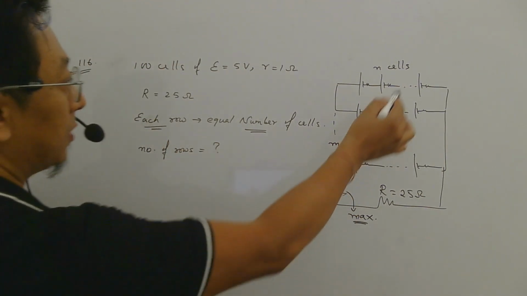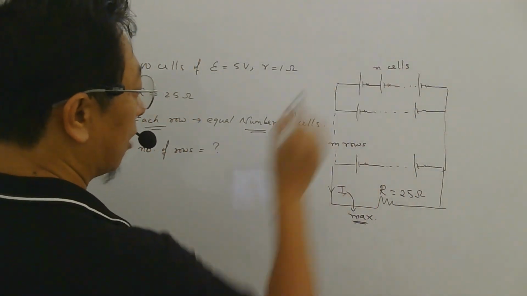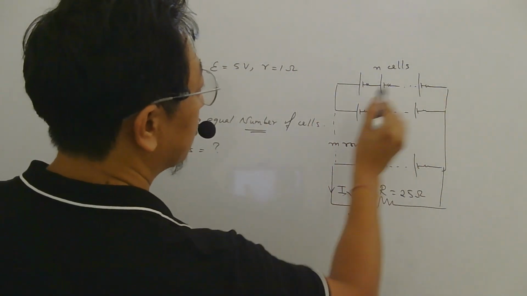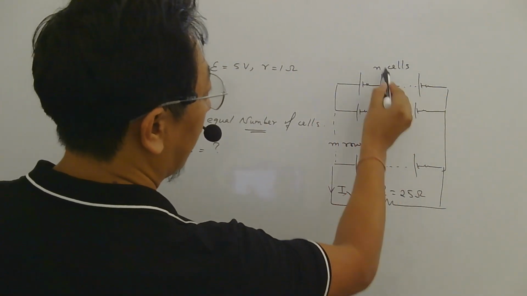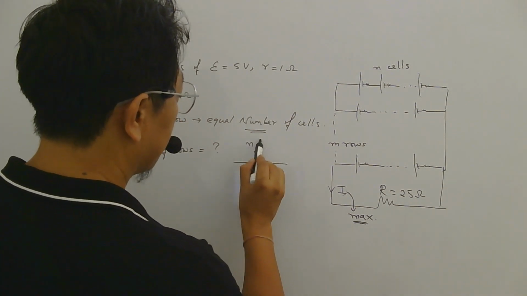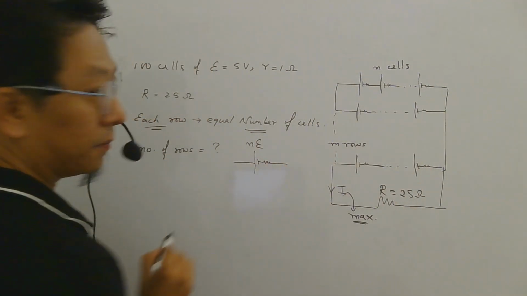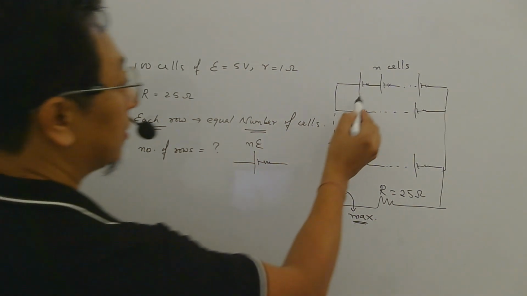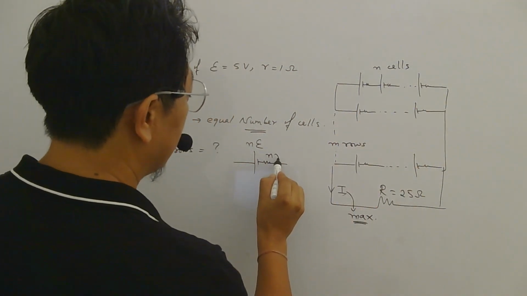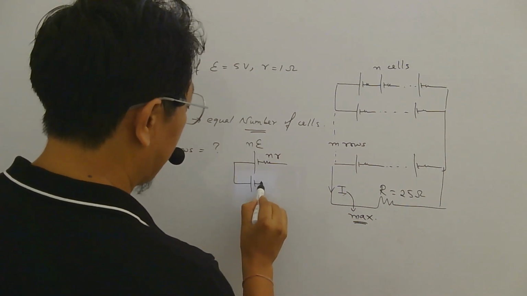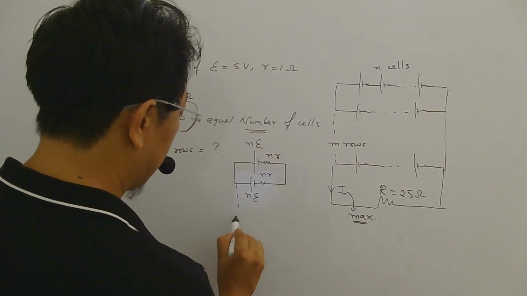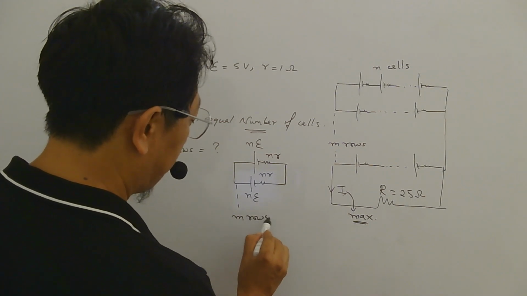Well, if you replace this whole row by one cell, each cell is same EMF E, so n times will be nE. So this row will be nE EMF. Internal resistance will be n times small r. Same thing will happen here, nE. So like that m rows are there.